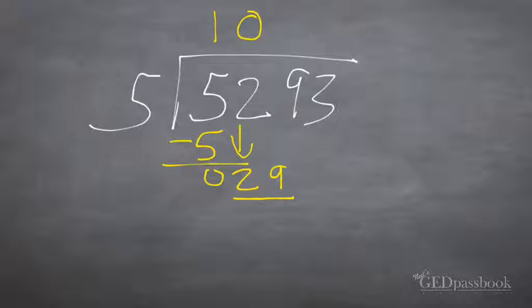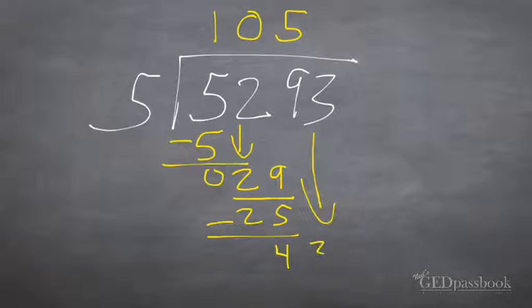5, 10, 15, 20, 25. Oh, 5. Use them fingers, you guys. Use them fingers, right? When you subtract that, you get a leftover of 4. Bring down the next number, 3.